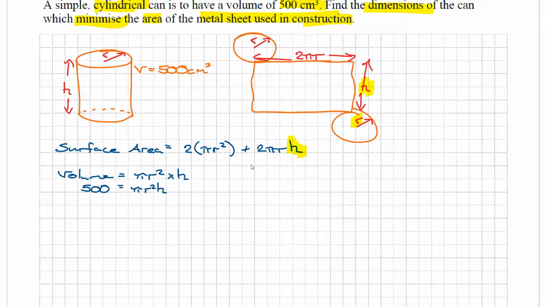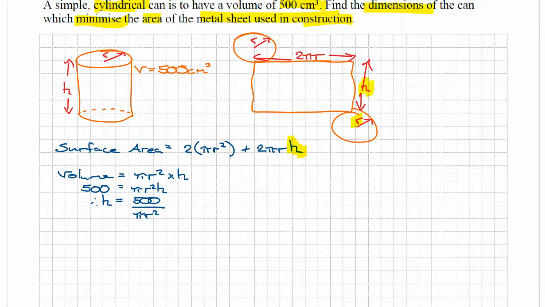So I'm going to rearrange the volume in terms of the height. We're going to find that h is equal to 500 divided by pi r squared.